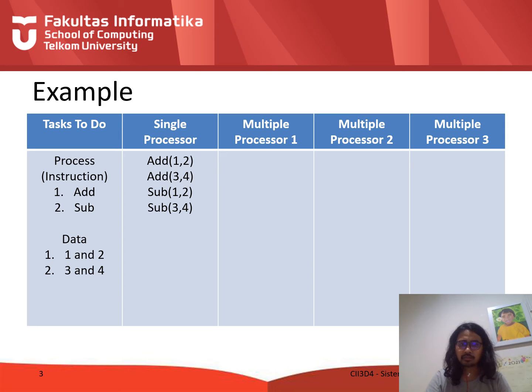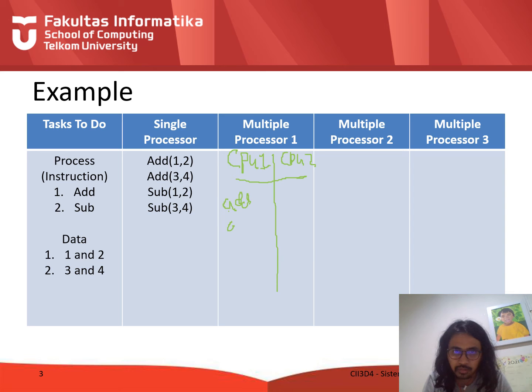Here, if we have 2 CPUs, for example CPU 1 and CPU 2, CPU 1 can do half the job and CPU 2 can do the rest. For example, if CPU 1 is doing add 1 and 2, at the same time CPU 2 can do add 3 and 4.